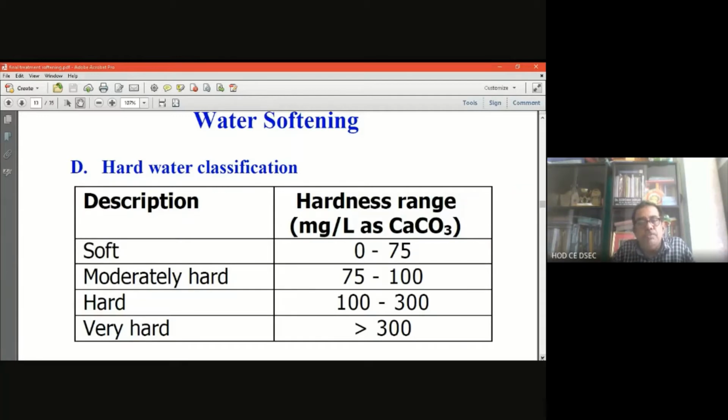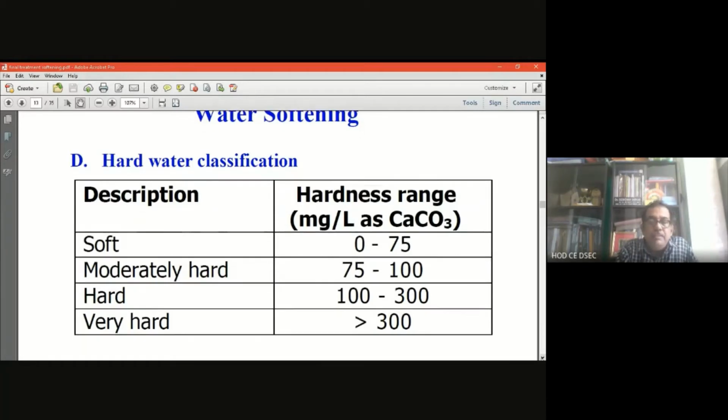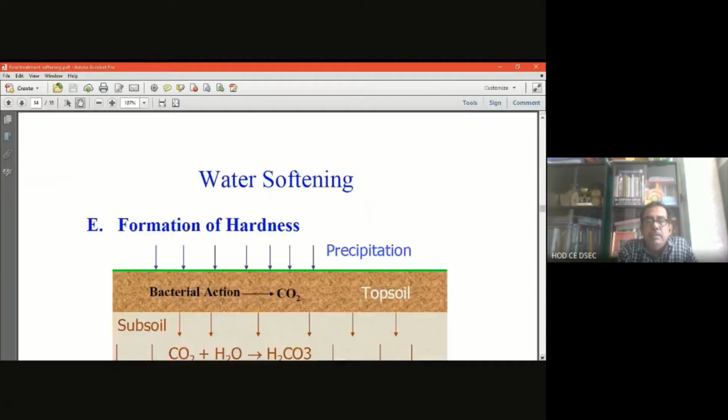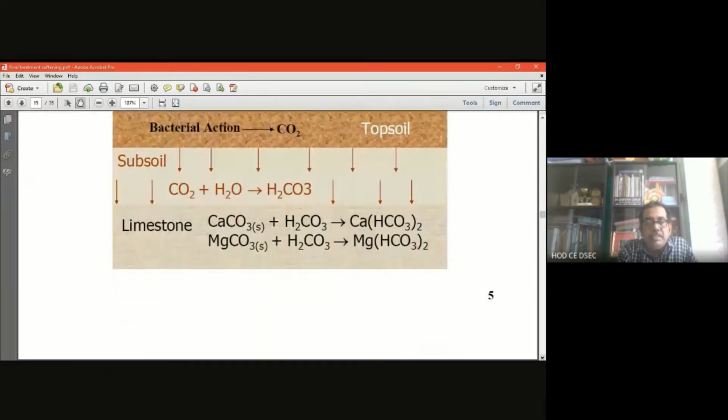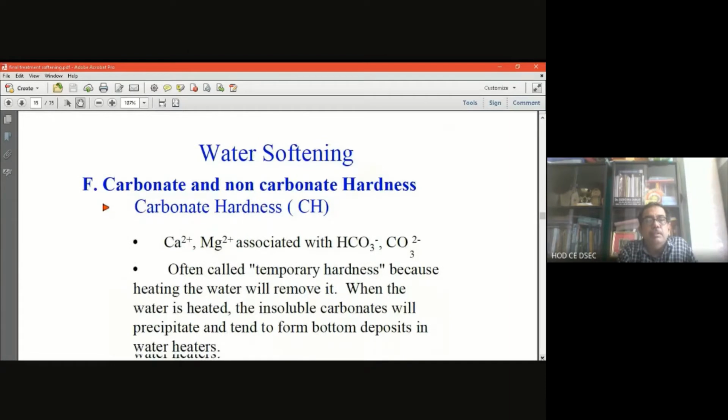So corresponding to the value, we have to go for the water softening process, that means the removal of the hardness. You have to know whether the water is hard, very hard, moderately hard, or soft, depending on the hardness, as milligram per liter as CaCO3. Now let me illustrate with a numerical, then the concept will be very much clear.